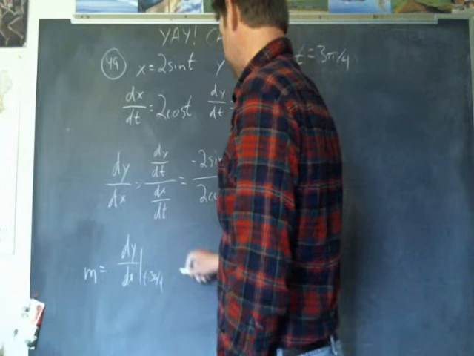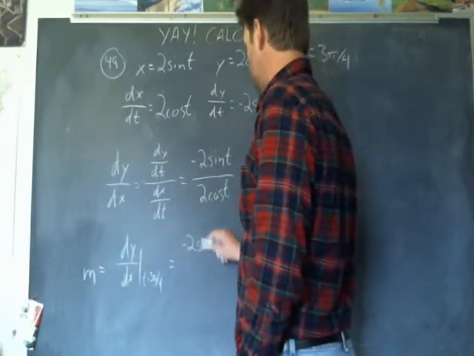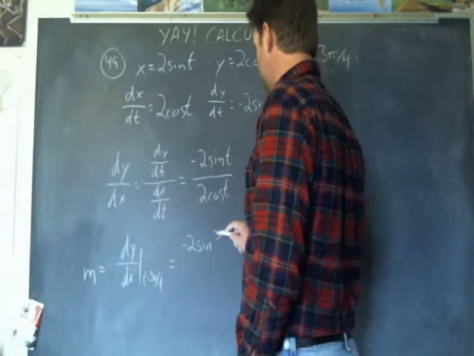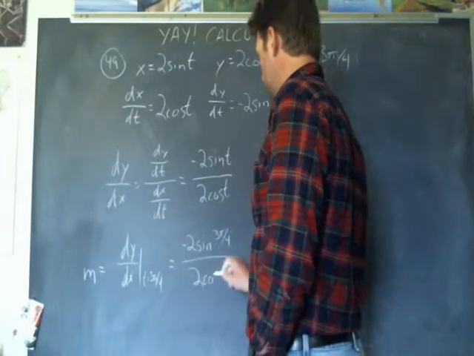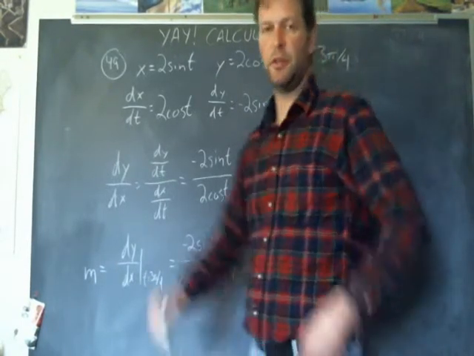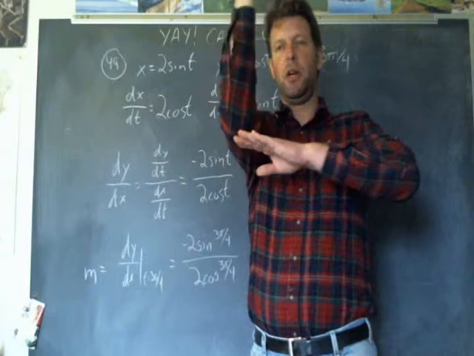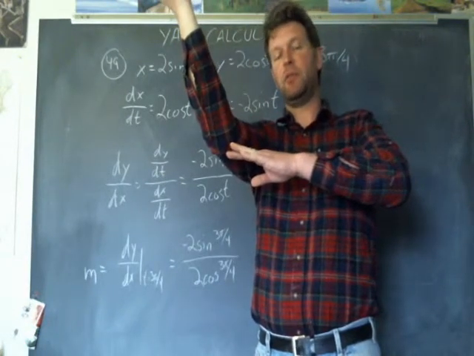Alright, so here we are. So that'll be negative 2 sine of 3 pi over 4 over 2 cosine of 3 pi over 4. Alright, so unit circle, starting at 0, pi over 2, 3 pi over 4. That means cosine will be negative, sine will be positive because we're in the second quadrant.